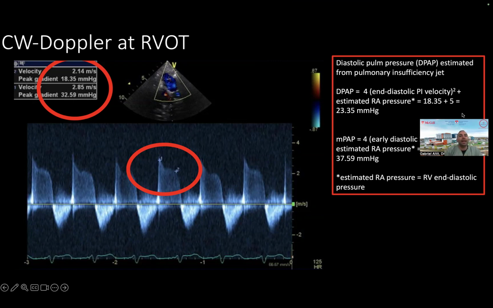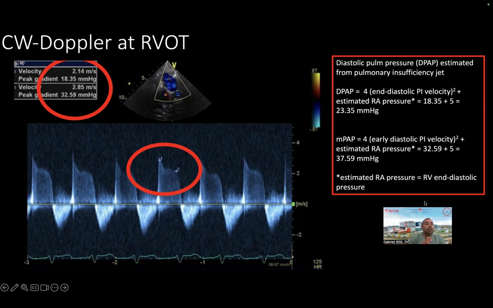So you can estimate or guesstimate what we call the diastolic pulmonary pressure using this index. We would typically say that the diastolic pulmonary arterial pressure is equivalent to the end diastolic velocity squared, so that's your Bernoulli equation, times 4, plus the right atrial pressure, so plus around 5.